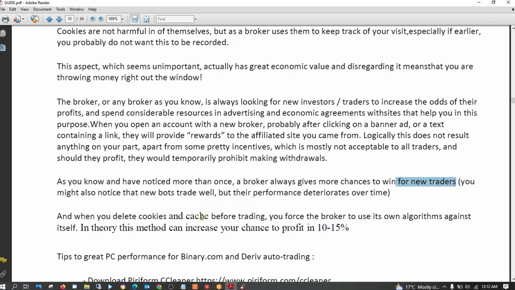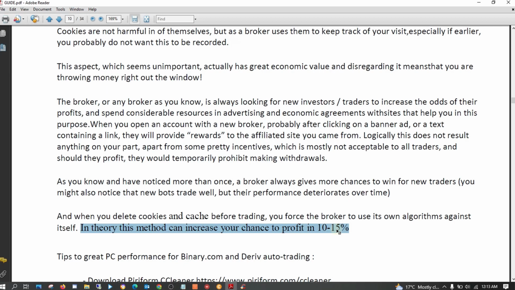And when you delete your cookies and caches before trading, you force the broker to use its own algorithm. You see, the broker now is forced to use its own algorithm against itself. In theory, these methods can increase your chance of profits by 10 to 15%. This is what I was saying.